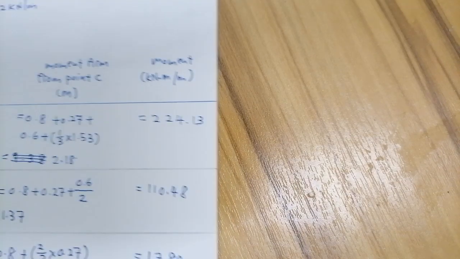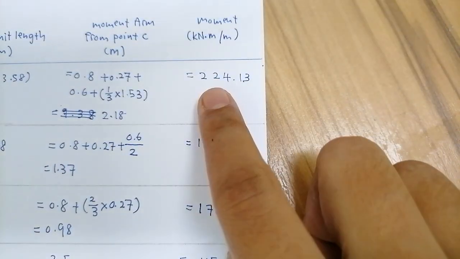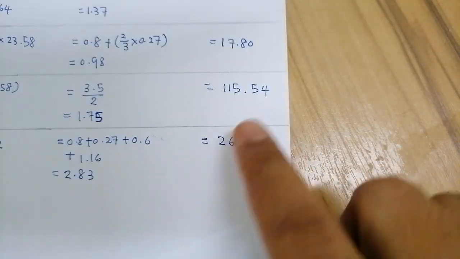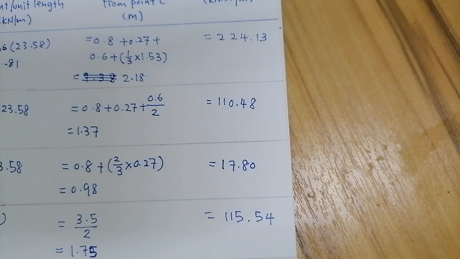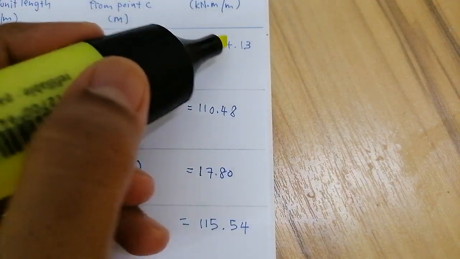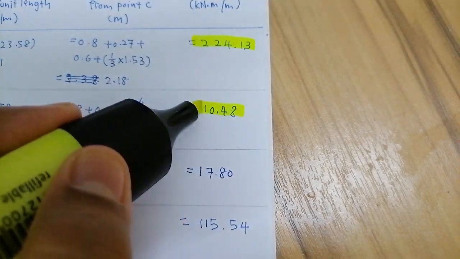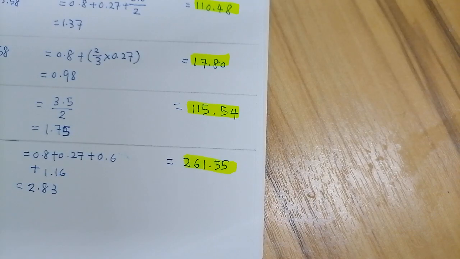So we add up 224.13 plus 110 and so on, plus 261.55. I will highlight all these numbers.